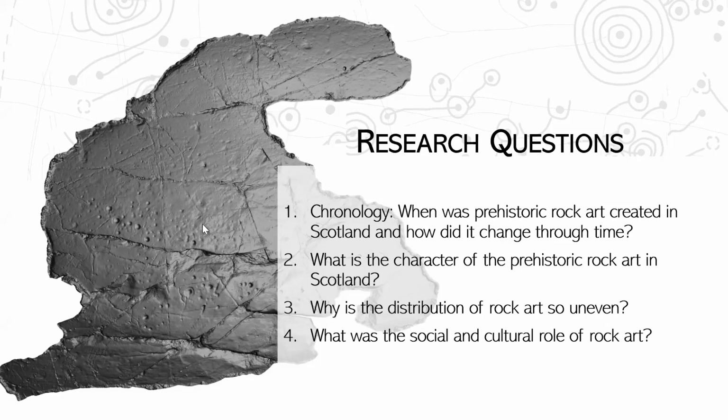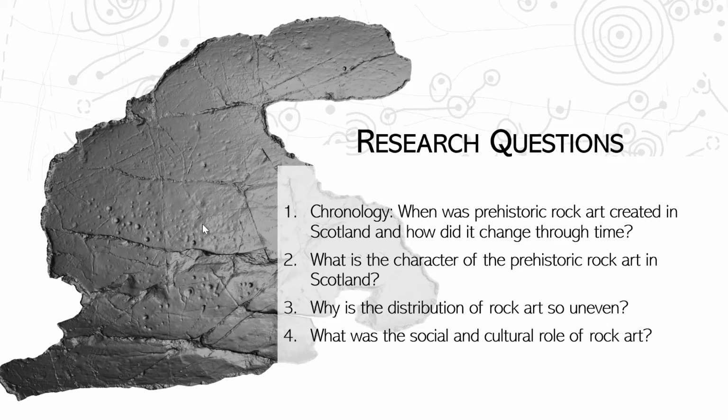Firstly, we wanted to know when prehistoric rock art was created in Scotland and how it changed over time. Secondly, we wanted to know what the main characteristics of the rock art are. Thirdly, we have also been working to understand the striking differences in the distribution patterns. Why is it so uneven, with some areas having high concentration of rock art and others having far less?